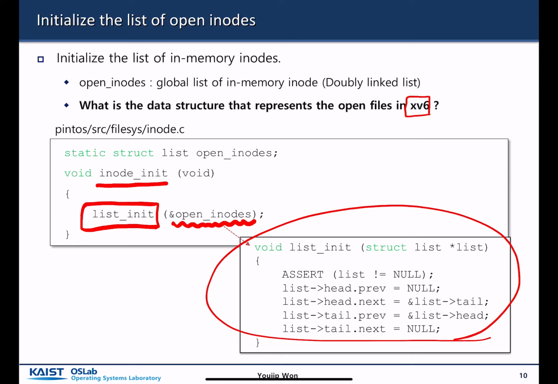So in the class, in the textbook, we are using x86 code, and in the lab we are dealing with Pintos. So if you are interested in different ways of implementing the operating system concepts, you may want to read both of the codes for comparison purposes. So my question is, what is the data structure that represents the open files in x86? Please check it out.